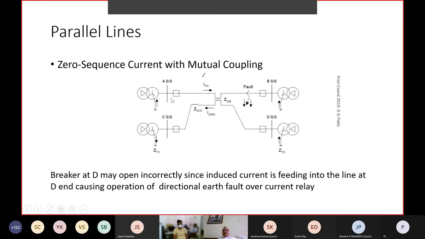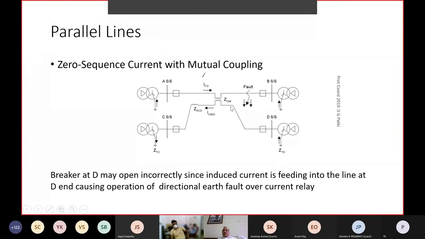If there is a fault current flowing in the line, this fault current will give rise to a magnetic field, which will couple the second line also, and there will be induced current, and you may get undesirable operation of, say, earth fault current in this line due to this coupling.